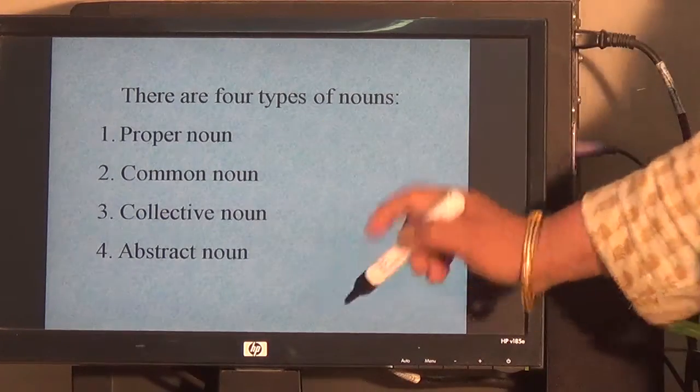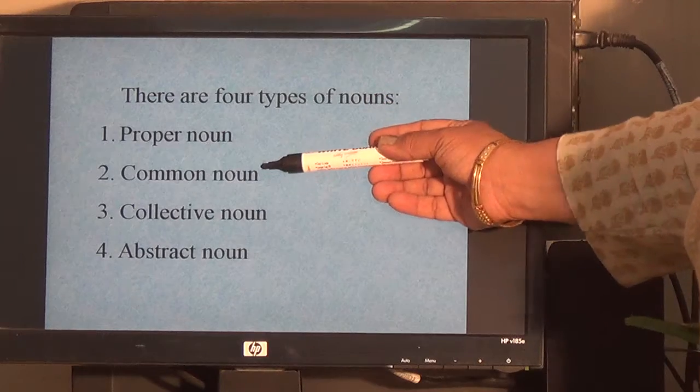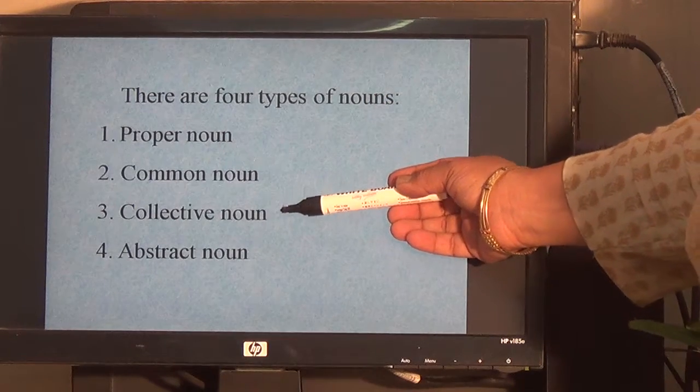There are four types of noun. Today we have recalled proper noun, common noun, and we have also explored collective nouns.